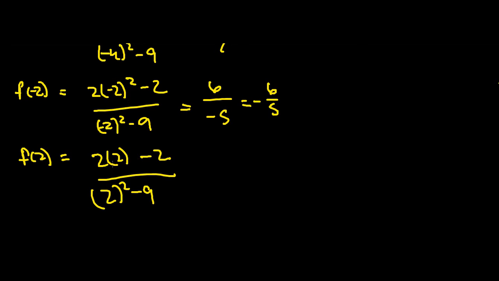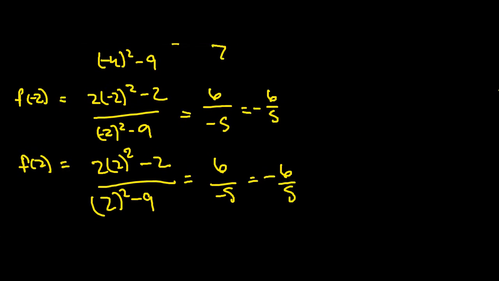If I put in positive 2, it's going to give us the same thing, because minus 2 squared is positive 4. So it's going to give us the exact same answer. 2 squared is 4, times 2 is 8, minus 2, that's 6. 2 squared is 4, minus 9, that is minus 5, and this is also equal to minus 6 over 5. So you can see that the symmetry has eliminated half of the work for us. So that's very nice of symmetry to do that for us.